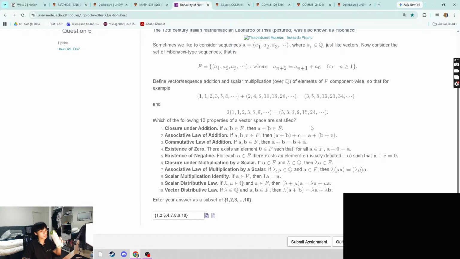Closure under multiplication by a scalar definitely doesn't work. Associative law, two times one, 2 over 1, yeah, that works. 7 works. 8 works.